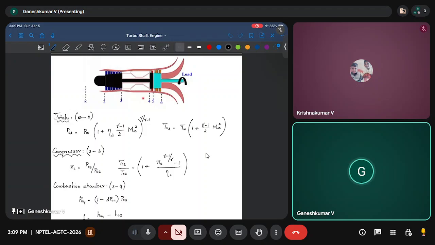So typically we expand it till ambient. Okay. And the expansion here is not nozzle expansion. Here it's the turbine expansion, where you are extracting all the energy of the gases in the power turbine or free turbine, which is connected to the load.